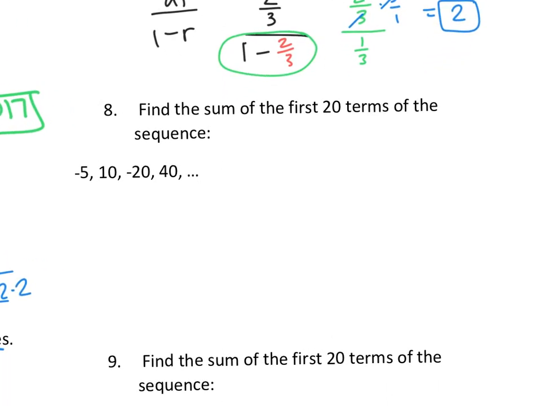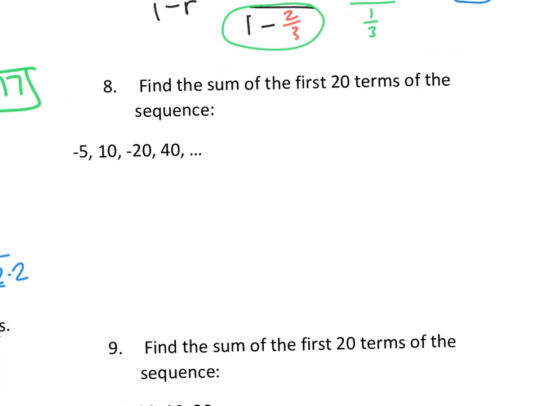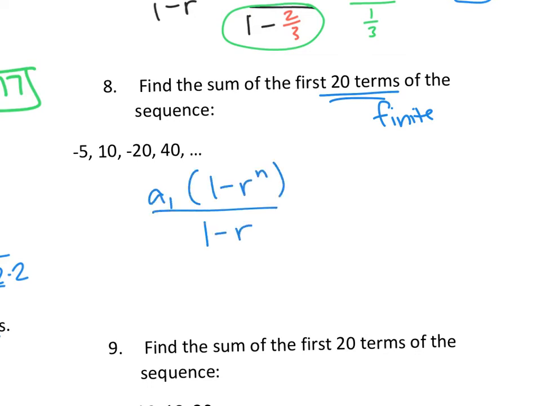All right, number 8, find the first 20 terms of the sequence. Because it has specified 20 terms, this is a finite geometric sequence formula. So the formula is a sub 1, 1 minus r to the n over 1 minus r. R is -2. So it's going to be my first term, which is -5 times 1 minus -2.